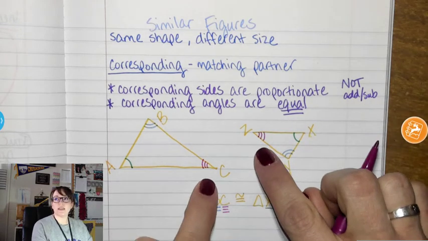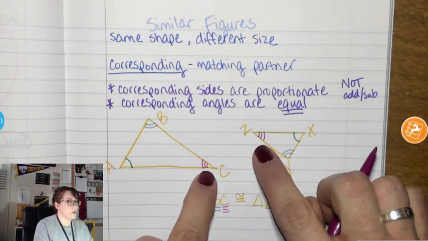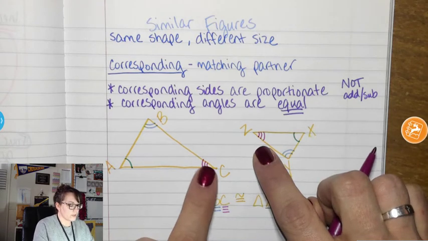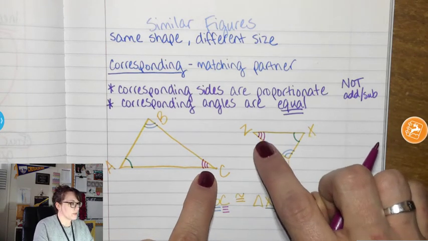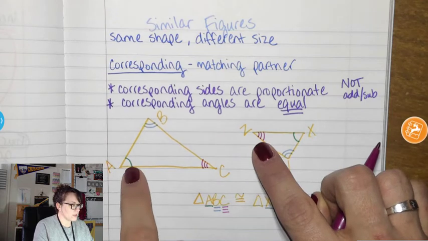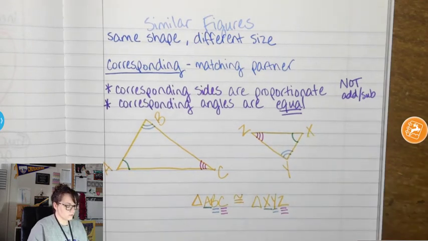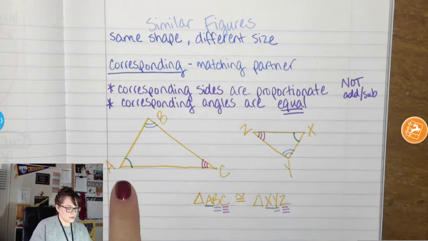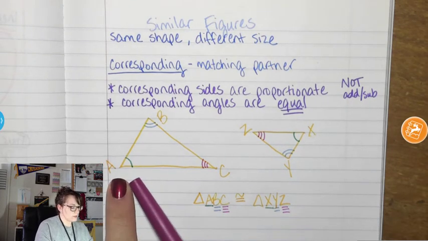Now these symbols in the angles show me which ones are equal. So if it's got 3 swoops, it's equal to the other 3 swoops. If it has 1 swoop, it's equal to the other 1 swoop. And when we talk about line segments, we generally go alphabetical.